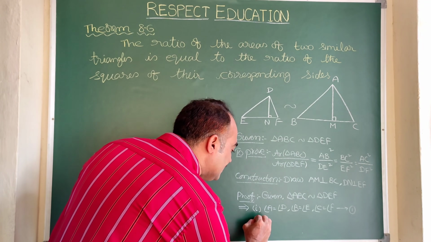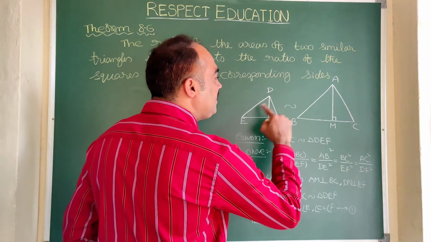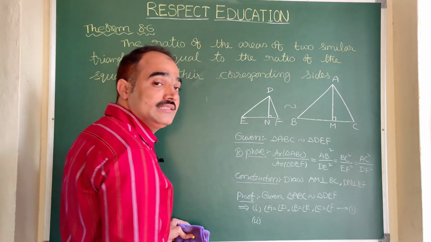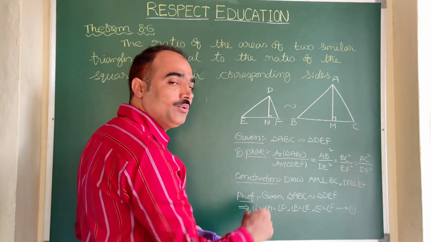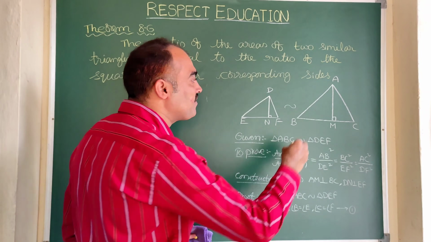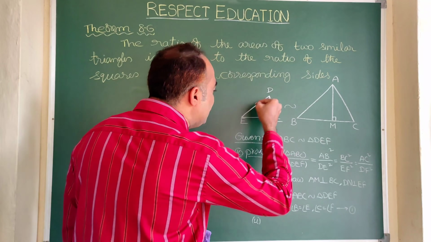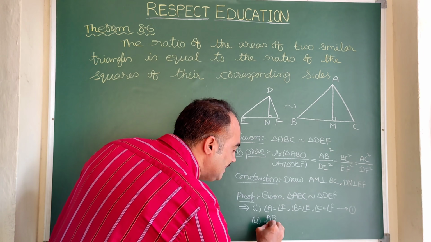And the second condition is that their corresponding sides are in proportion. So if I say AB, then for AB the corresponding side is DE.